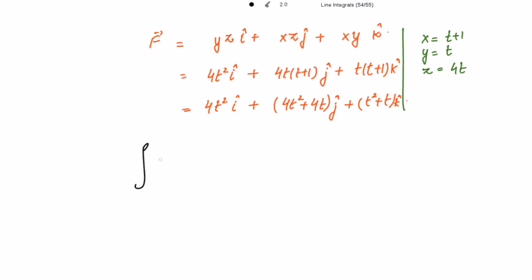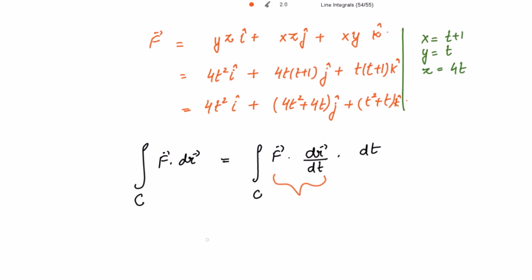And now to find the integral of F vector dot dr vector, this integral is, because r is in terms of t, I have to write dr vector as the derivative of r vector with respect to t into dt. Writing the values of these now.